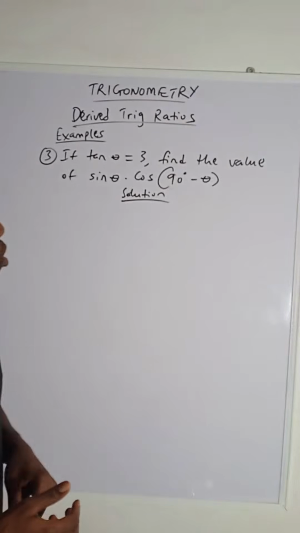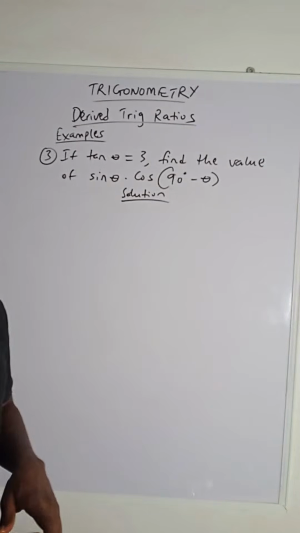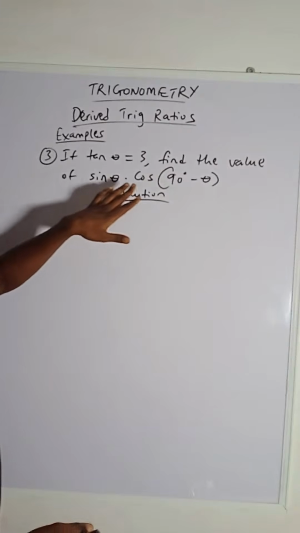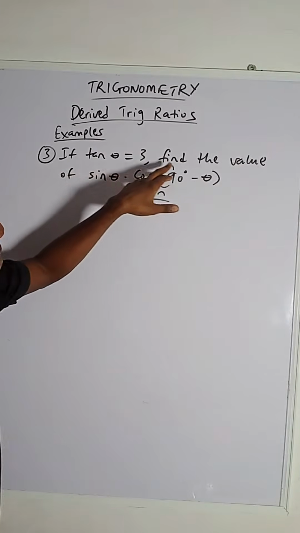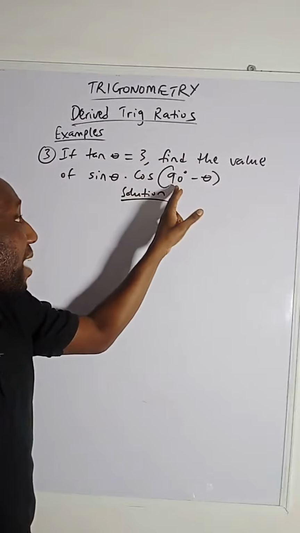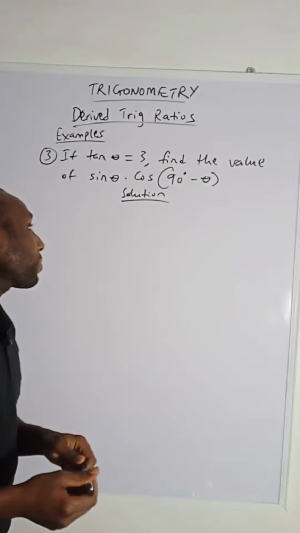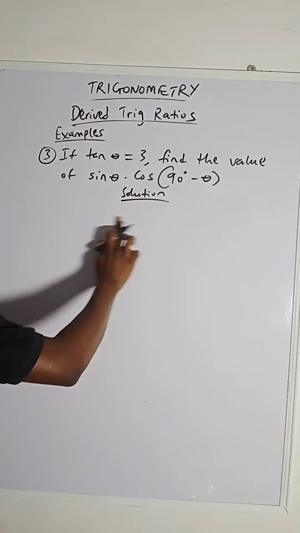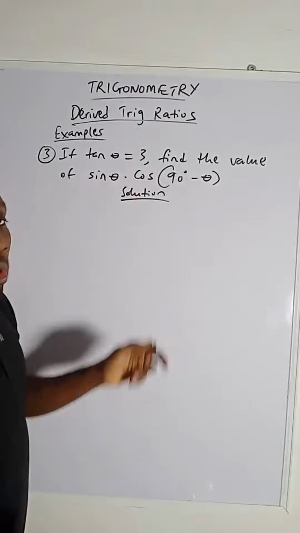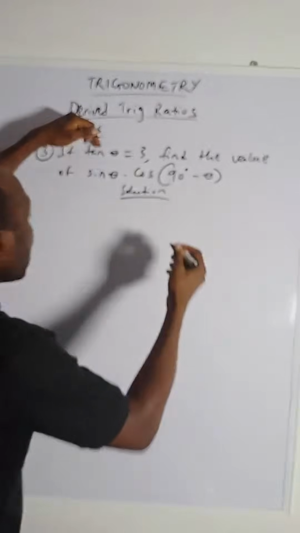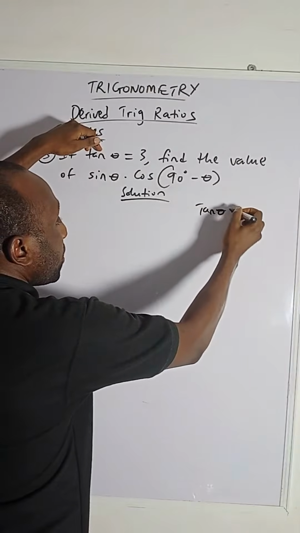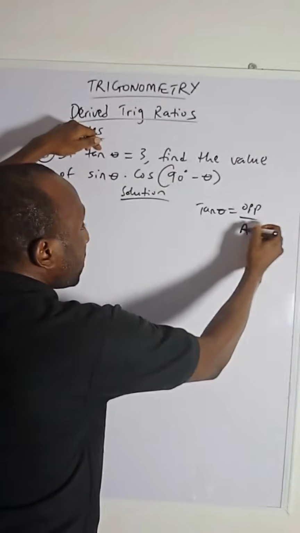So, what do we do? The question says, if tan theta is equal to 3, find the value of sine theta cos (90 minus theta). For us to get sine theta, we need to know what the third side is, because tan theta is opposite over adjacent.